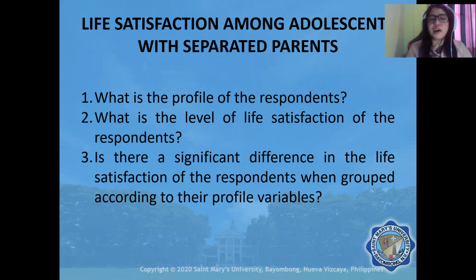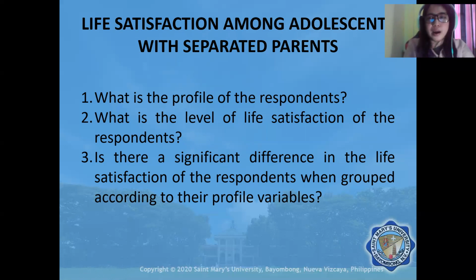Instead of placing what is the profile of the respondents as problem number 1, we simply start with what is the level, and then end up with, is there a significant difference in the life satisfaction of the respondents when grouped according to the following profile variables: letter A, age, letter B, sex, and letters C and D, and of course, all the profile variables that you intend to consider in this study. The profile will still be part A of the questionnaire that will be used for you to gather the data.